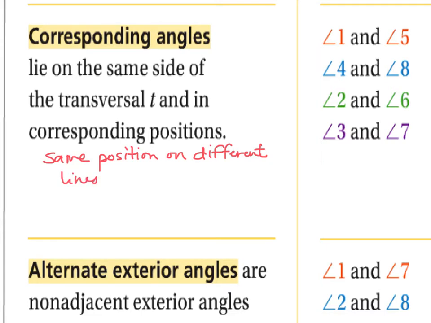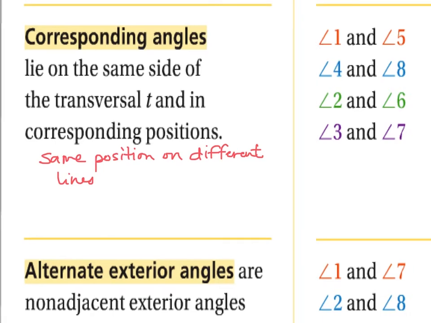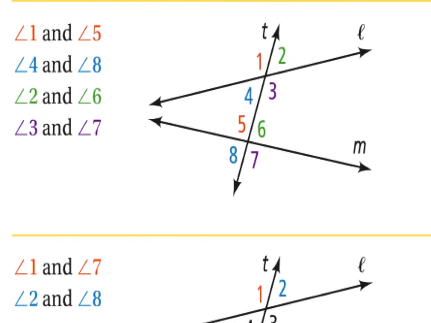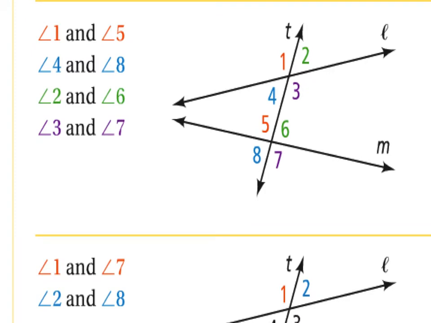For example, as we look here, you're going to look at a bunch of different pairs. So we'll start here with 1 and 5. The transversal is T, with L and M. They're in the same position. As you see, here is angle 1. It's on the top left of the angles where the 4 are made.